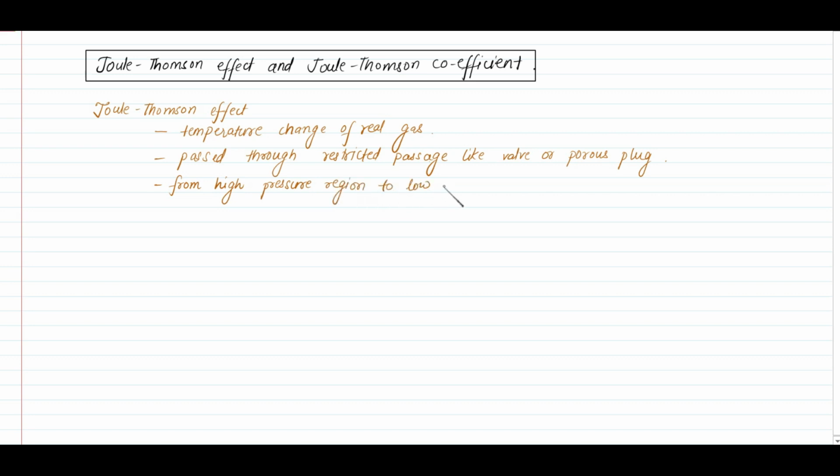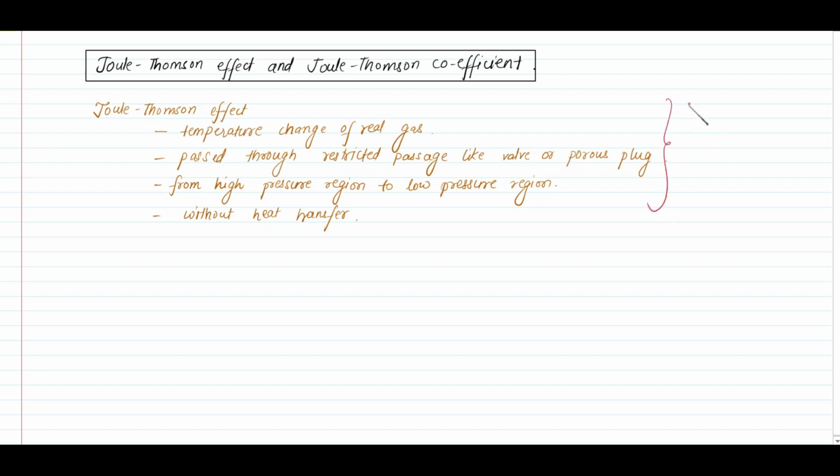So we can say the real gas is flowing from high pressure to low pressure region and without any heat transfer. Summing up the definition, Joule Thomson effect means temperature change of a real gas when it is passed through a restricted passage from high pressure to low pressure region without any heat transfer.